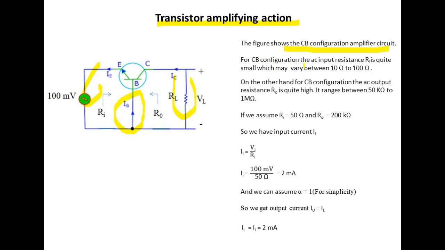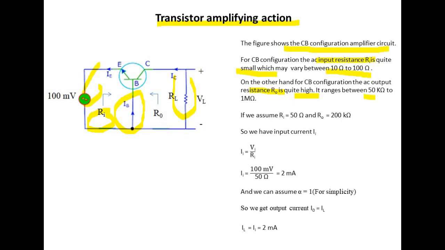For common base configuration, the AC input resistance Ri is quite small, which may vary between 10 ohm to 100 ohm. So this AC input resistance Ri is small. On the other hand, for common base configuration, the AC output resistance Ro is quite high.